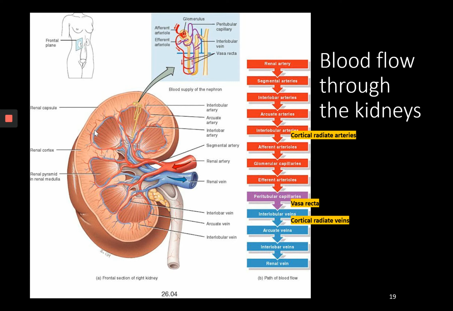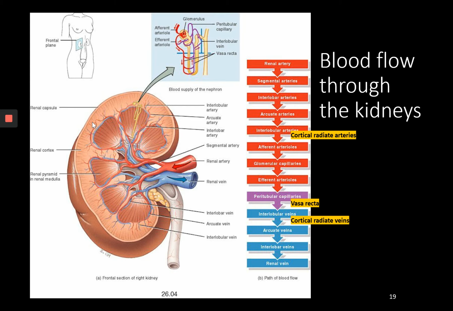Then from the arcuate arteries, we get a branch that goes into the cortex. So these tiny little red lines, those are cortical radiate arteries. That's the name I like the most because it tells you that they radiate out into the cortex. But they're also known as interlobular arteries. So don't confuse that with interlobar arteries. Interlobular arteries or cortical radiate arteries are found in the cortex.